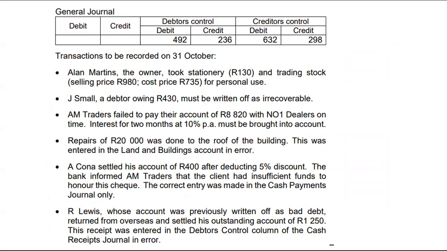AM Traders failed to pay the account of 8,820 with Number One Dealers on time. Interest for 2 months at 10% must be brought into account. Let's calculate that interest quickly first.